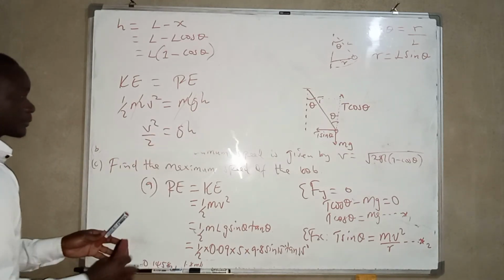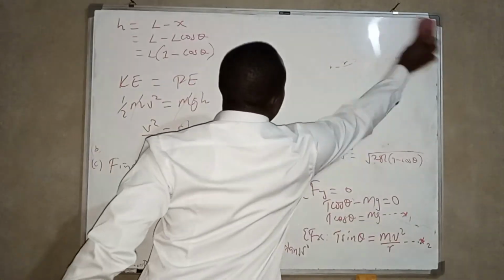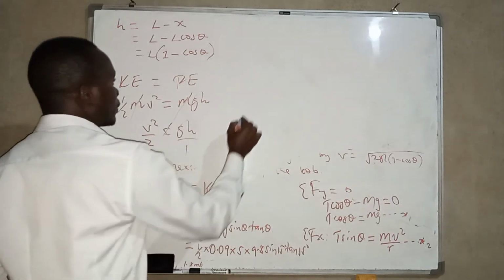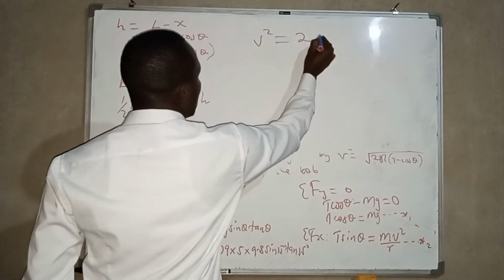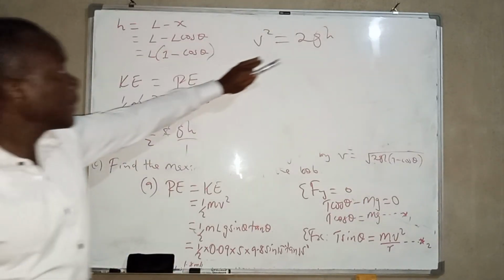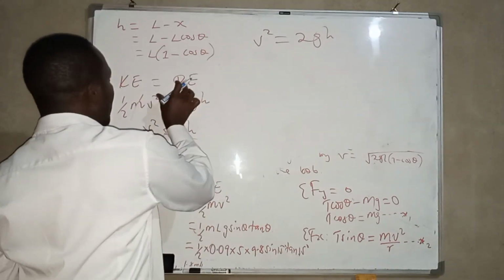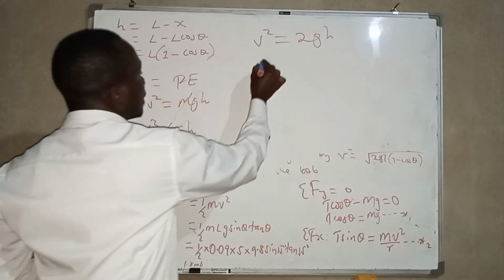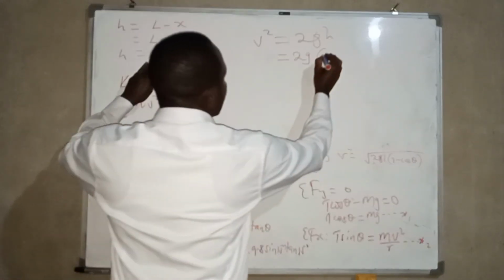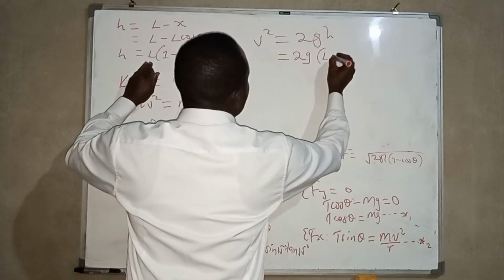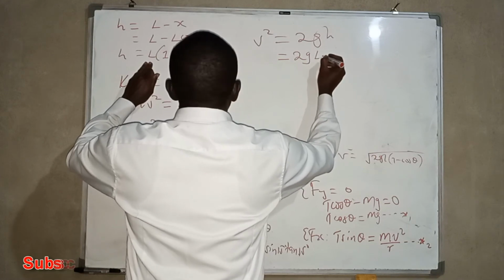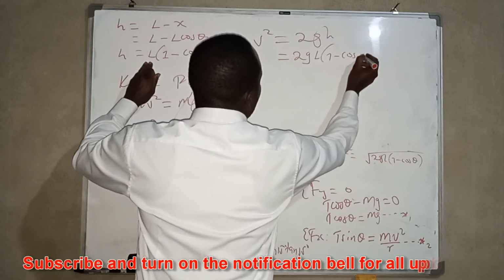From this point, we can cross multiply to have just v squared is equal to 2 g h. Now, if we put this here, where we replace h, so this is h, we're going to have 2 g, then our h is L times 1 minus cos theta.